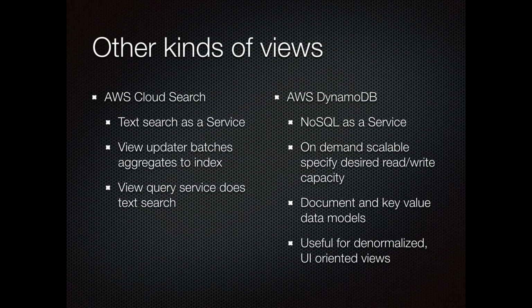I've used that in applications that I've built. And then in other applications, I've used DynamoDB, which is AWS's NoSQL database as a service. That can be very appealing, especially because it's a fully managed service where you can dynamically adjust the capacity that you need in terms of reads per second and writes per second and so on.